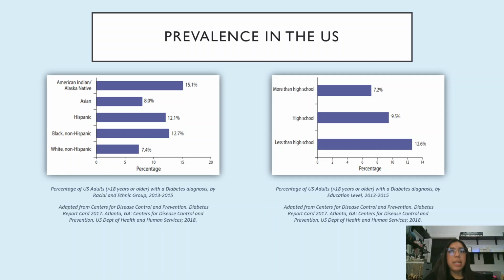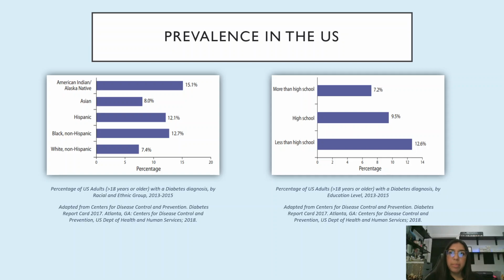So diabetes does not affect all populations equally. Data from the 2020 National Diabetes Statistics Report by the CDC indicates that American Indians / Alaska Natives have the highest rates of adults with diabetes, followed by non-Hispanic Black people and Hispanic people in third place.